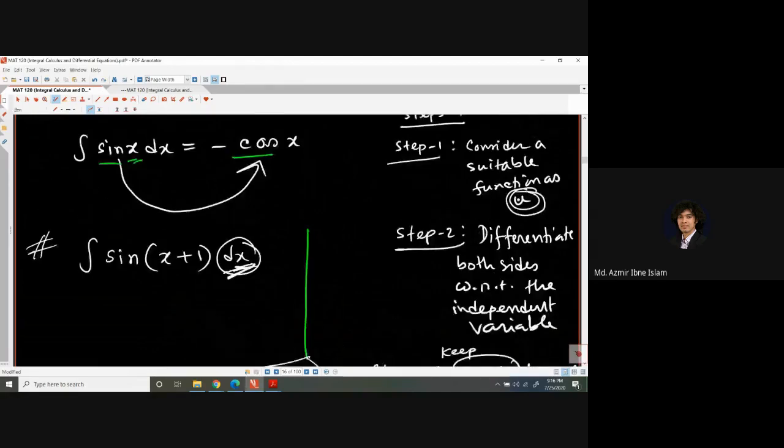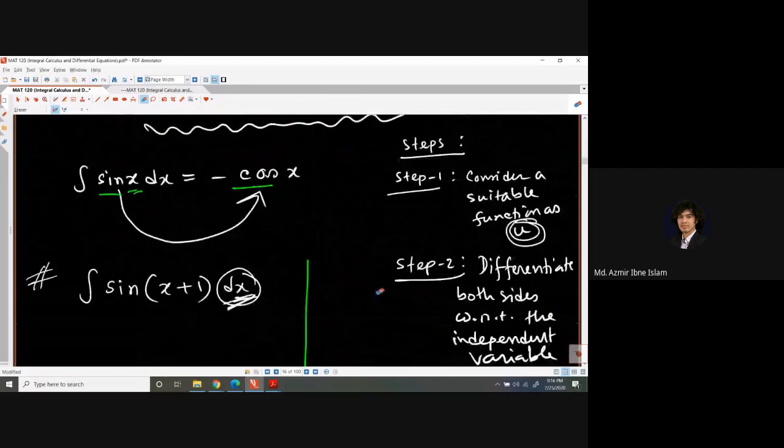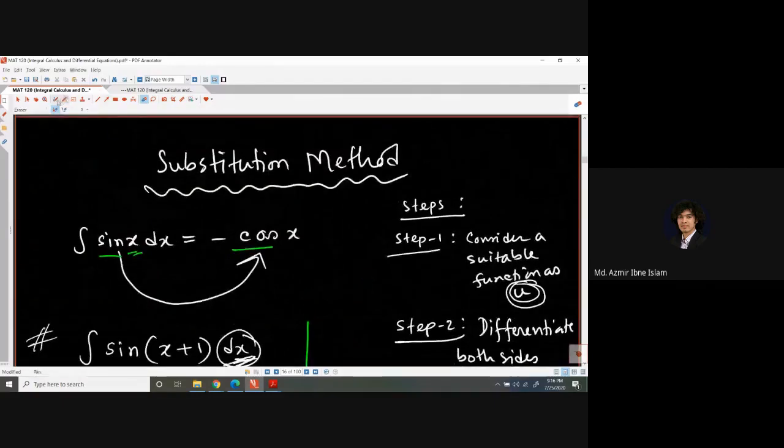So whatever result you finally get from that integration should be converted back to x, or get back to the input again. That means your antiderivative will be for u, and you have to find the antiderivative for x.